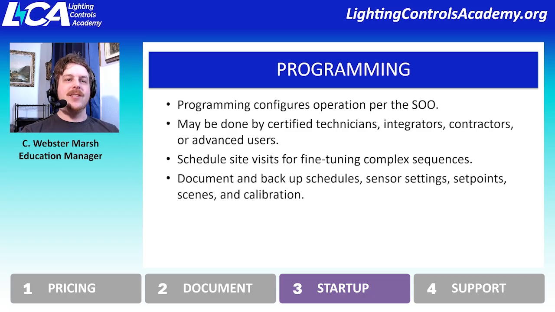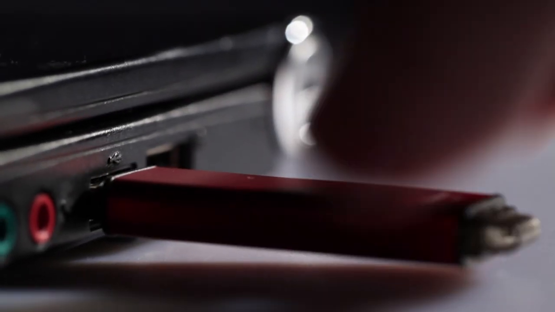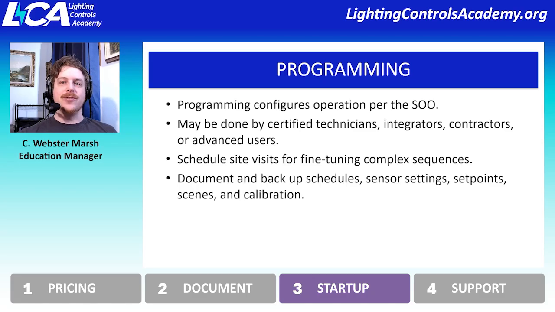And so documentation and backups are really critical to making sure that if something were to happen, so for instance, if a power surge hit the system and the entire programming was wiped, all of that can be restored fairly quickly. A lot of systems have the ability to be backed up via like a thumb drive or something, but even in those cases, it's still good to have some handwritten or typed up documentation that can be referred back to if the programming is very fussy and you really need to make sure that things are reset to a specific point.